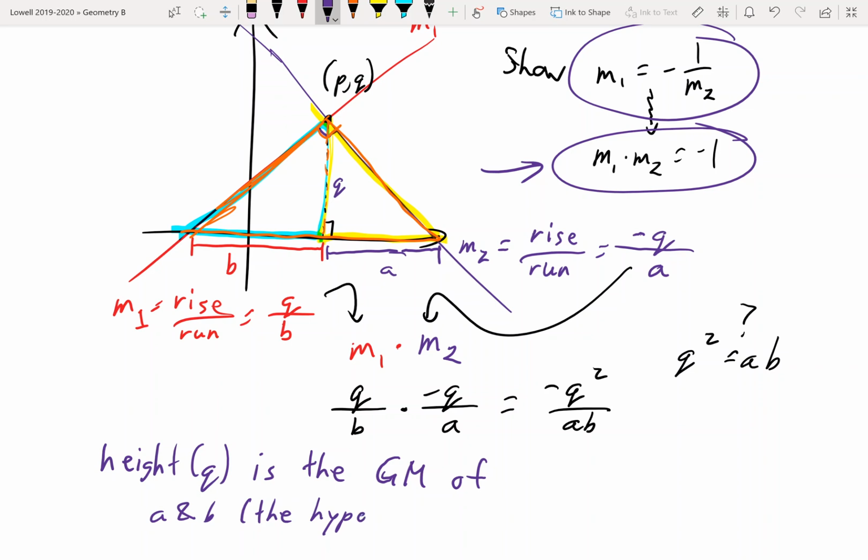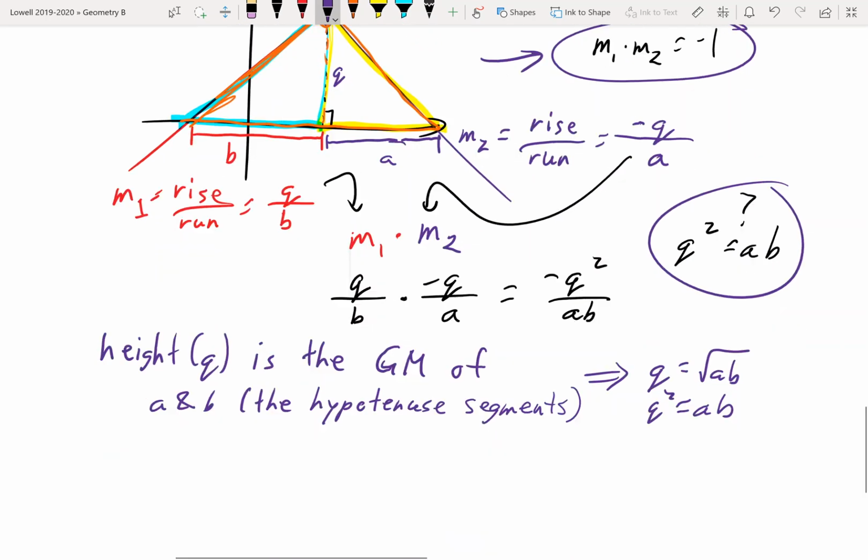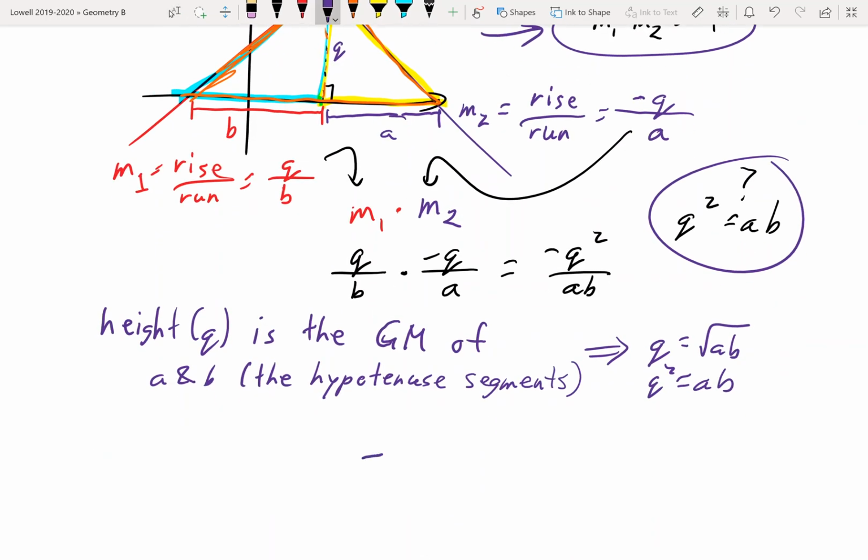Algebraically, that translates to Q equals the square root of AB, or Q squared equals AB, which is exactly what we were trying to get at. So if I substitute in, negative Q squared over AB becomes negative AB over AB, which is negative 1.